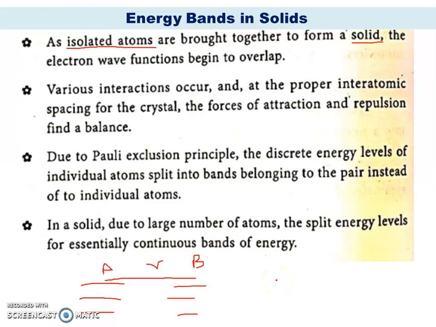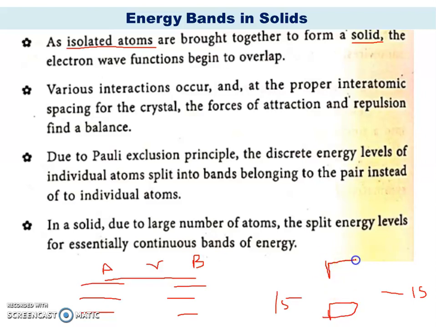In school days, we have heard that if two orbitals overlap, say this is 1s of one atom and this is 1s of another atom, two kinds of levels form: one is bonding and another is anti-bonding.